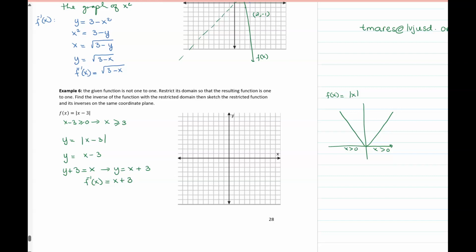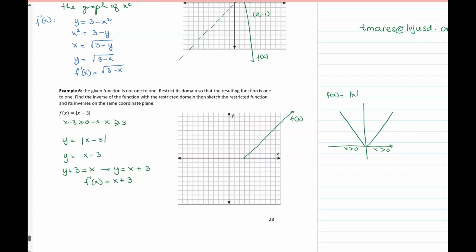Okay. So let's graph the inverse and the absolute value function on the same xy coordinate plane. So f of x equal to absolute value of x minus 3. The graph is moved to the right 3 units compared to the graph of absolute value of x. So this is what we get. This is f of x.